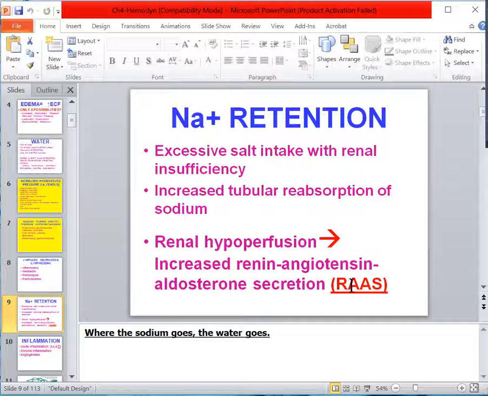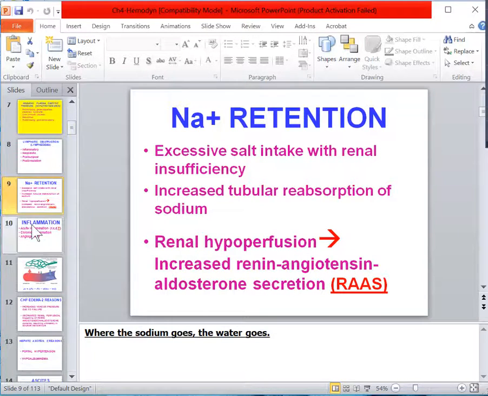Okay, so that would be another reason. Your plain old RAAS, renin, angiotensin, aldosterone axis, which I wouldn't be surprised if you spent like a whole day on last year when you took regular physiology.